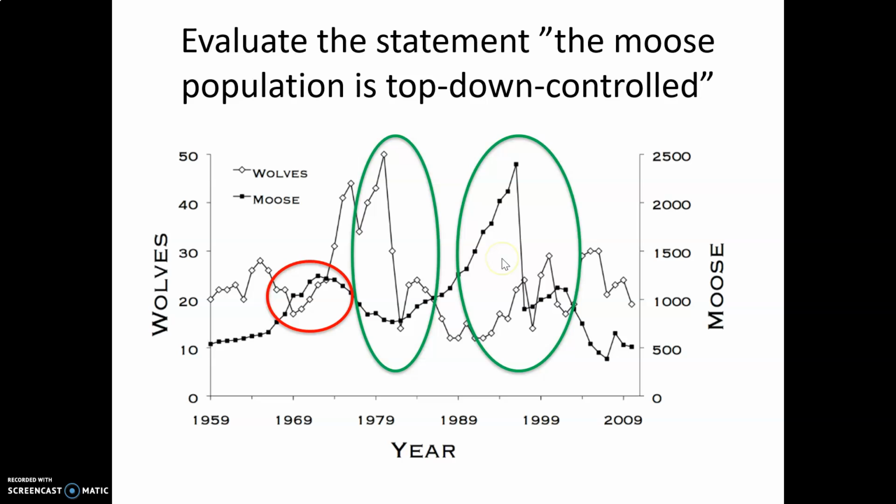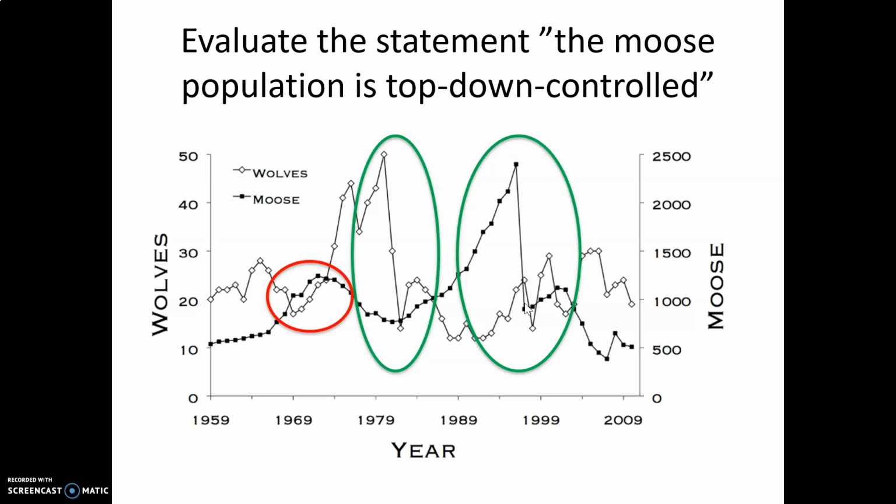And over here as well, it seems that when there is a rise in wolf population, we end up with a decrease in the moose population. So this might again indicate that when there's a growing number of wolves, then at some point the moose population would decrease.